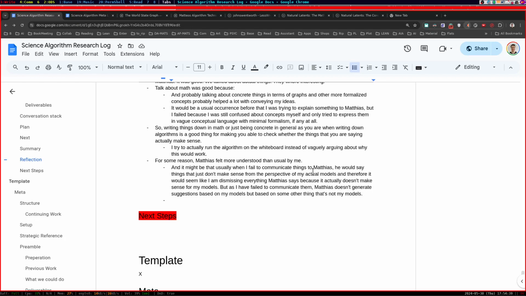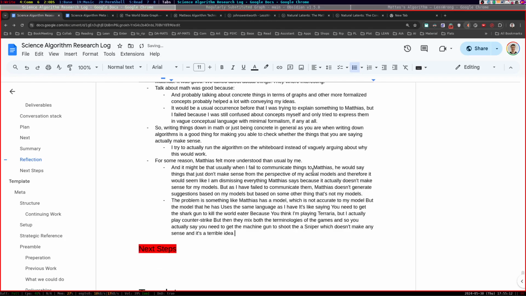It's like saying you need to get the shark gun to kill the world eater, because you think I'm playing Terraria, but I actually play Counter-Strike. But then they mix both the terminologies of the games, and so you actually say you need to get the machine gun to shoot a sniper, which doesn't make any sense, and it's a terrible idea.